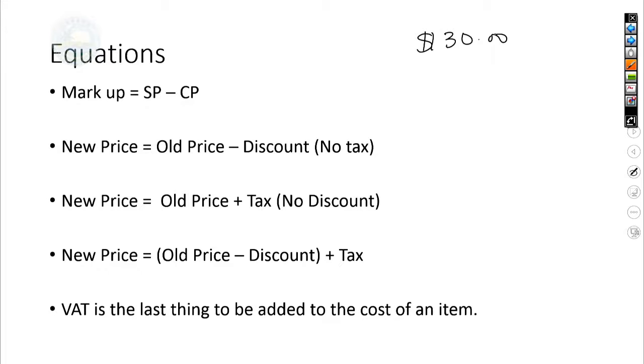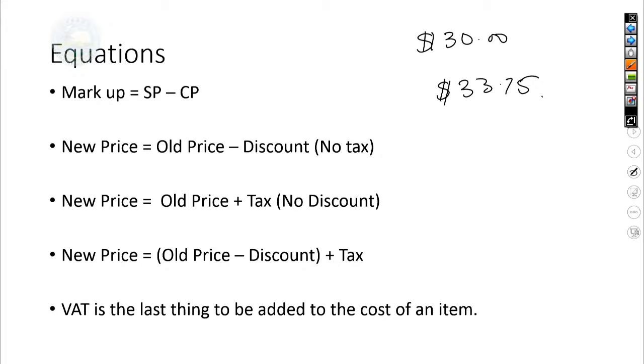And then when I go and cash my item, they tell me that my item costs $35. You know what? Let me keep it a little bit more realistic: $33.75. And on the shelf is $30. They said that's the price before VAT.